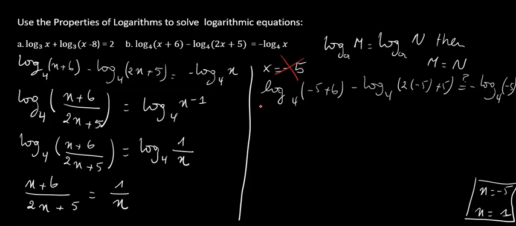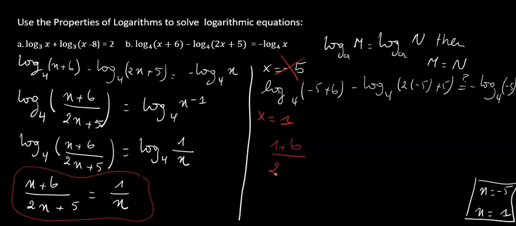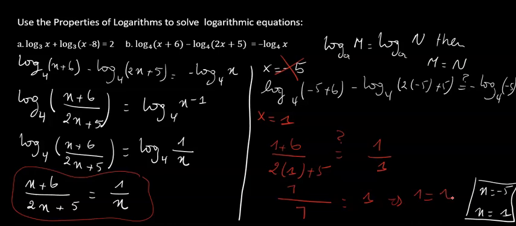Now I have to check for x equal to 1. I'm gonna replace it straightforward here. It's much easier for me. x equal to 1, I'm gonna have 1 plus 6 over 2 times 1 plus 5 is equal to 1 over 1. 1 plus 6 will give me 7. 2 times 1 is 2 plus 5 is 7. 1 over 1 is 1. 7 over 7 is 1, which means 1 is equal to 1.